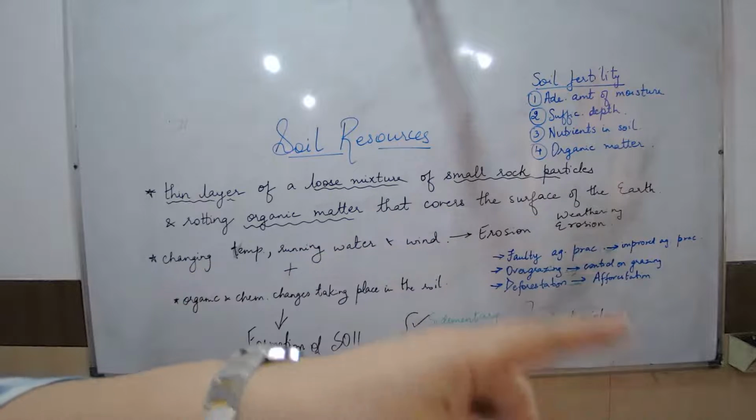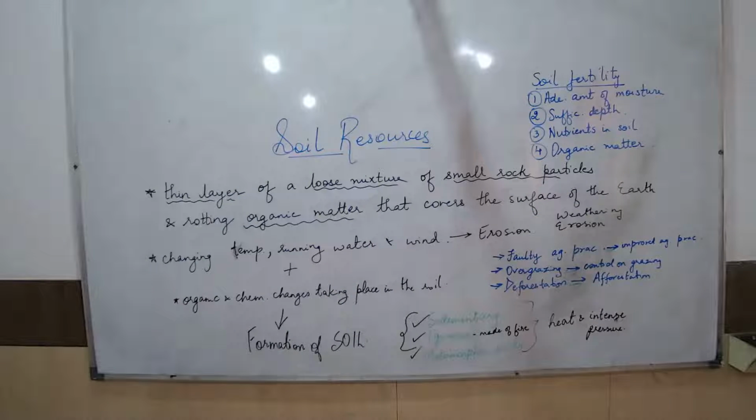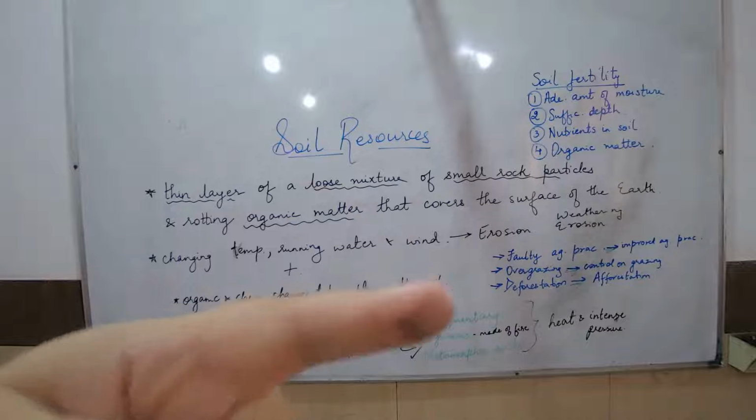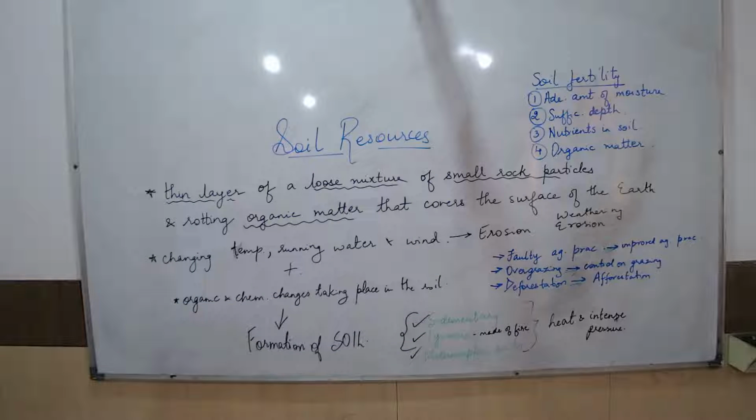That's the layer you can see here, the breaking up of the parent bedrock. They have a well-defined soil profile. A well-defined soil profile means the profile shows what the soil is made up of, as per the parent bedrock. So it is clear they have a well-defined soil profile.